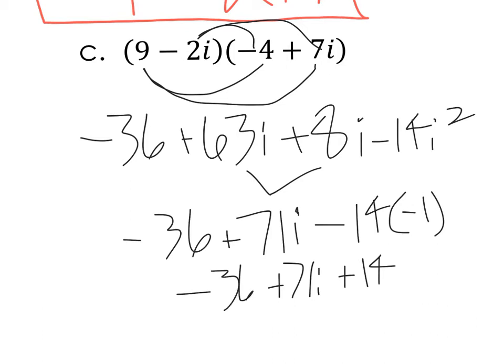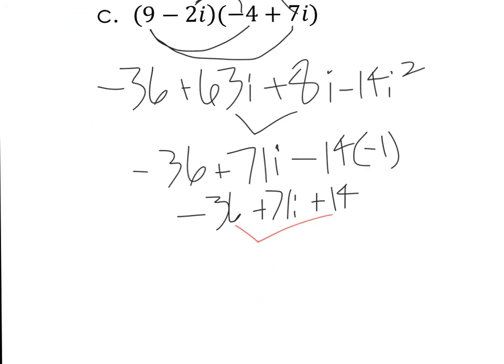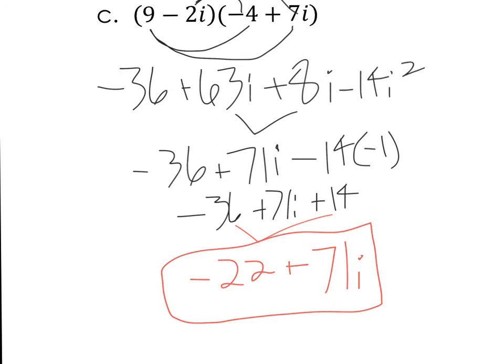And then look, we have two more like terms to combine. So I have -36 plus 14. Looks like that's going to make -22. And then plus 71i. And that's in standard form. You have the regular number coming first and the imaginary number coming second.